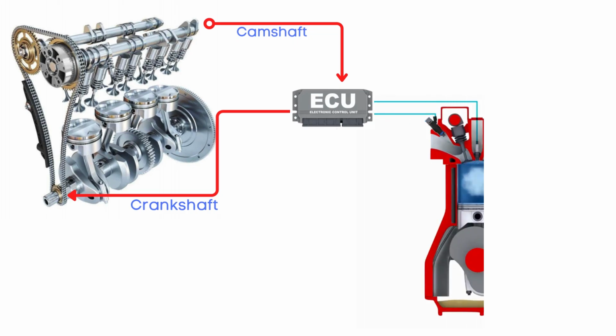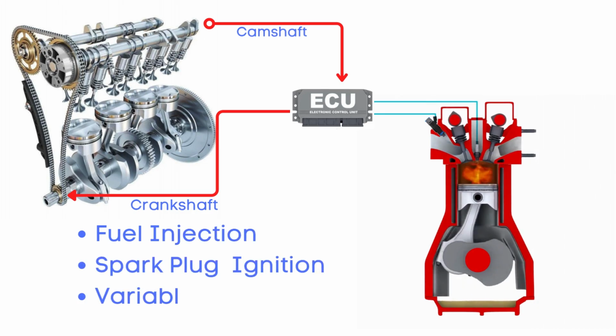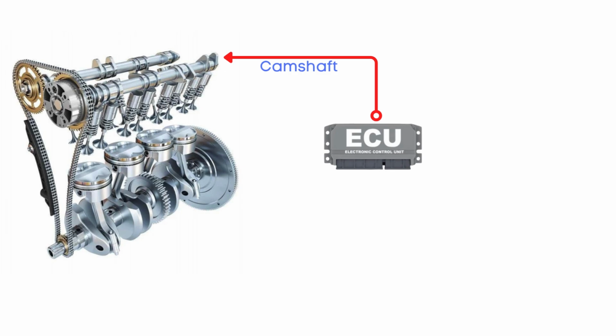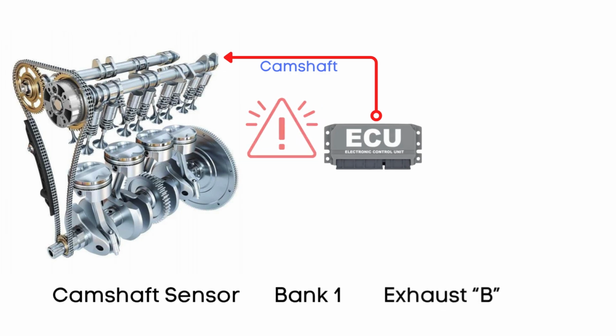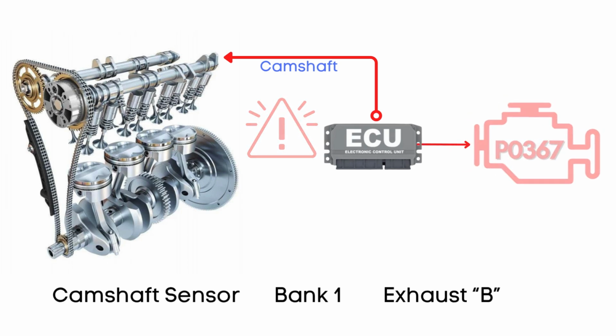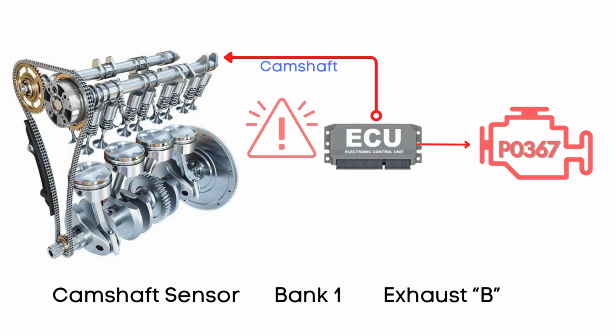With all this data, the ECU can precisely control things like fuel injection, ignition timing, and even when the valves open and close. But if there's a problem with the camshaft position sensor circuit, then the ECU can't get the right camshaft data, and it triggers the P0367 code to let you know something's off.